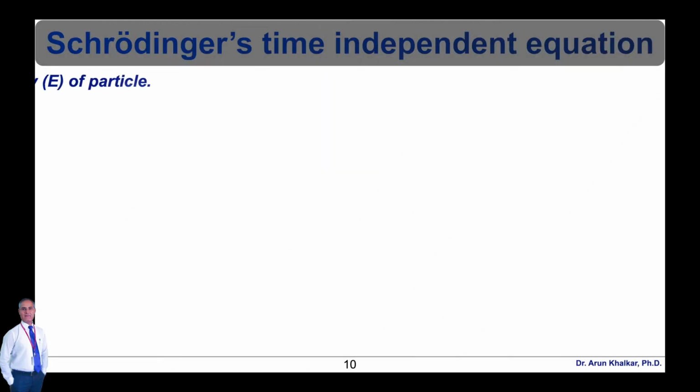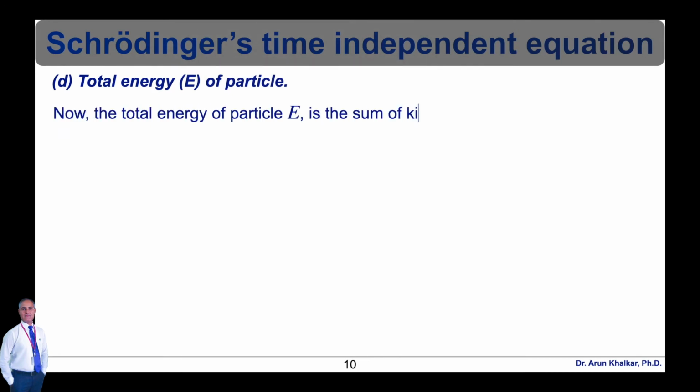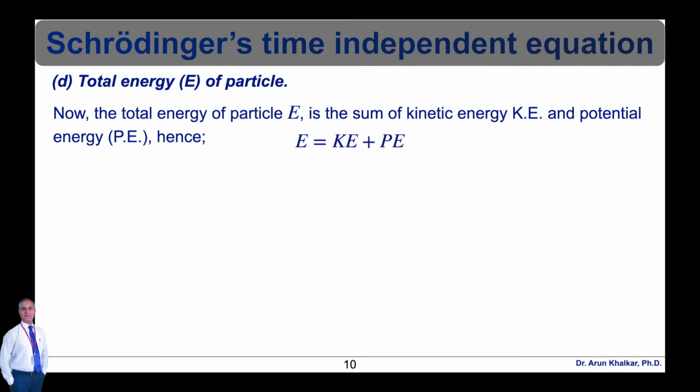Now let's find out the total energy of the particle. Let the total energy of the particle, that is capital E, be the sum of kinetic energy and potential energy. So we can write E = kinetic energy + potential energy, so E = ½mv² + V. Rearranging this equation, we can write 2E = mv² + 2V.